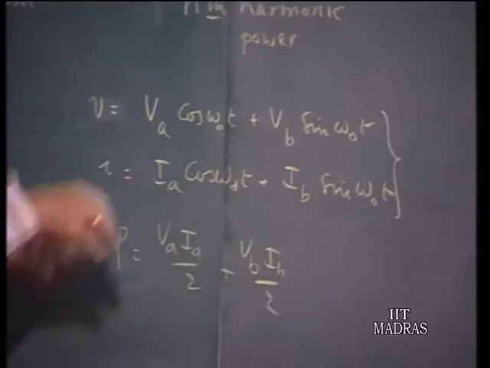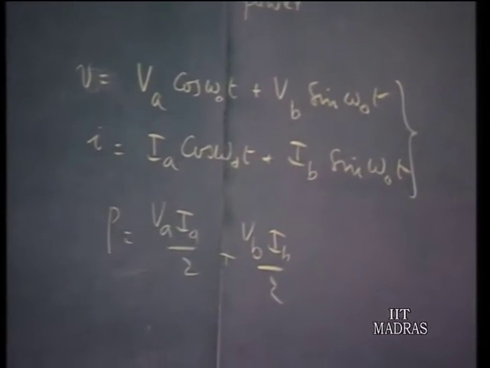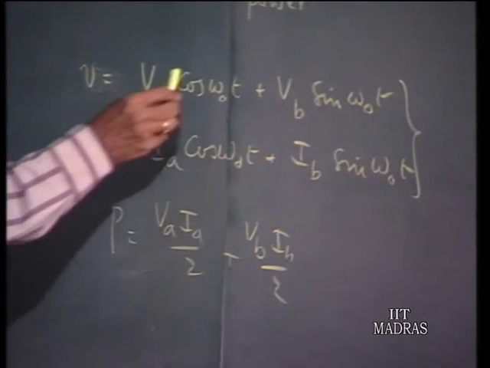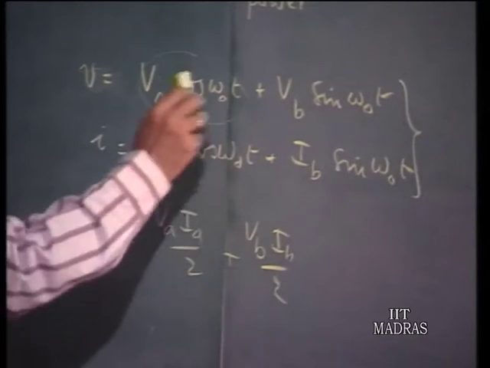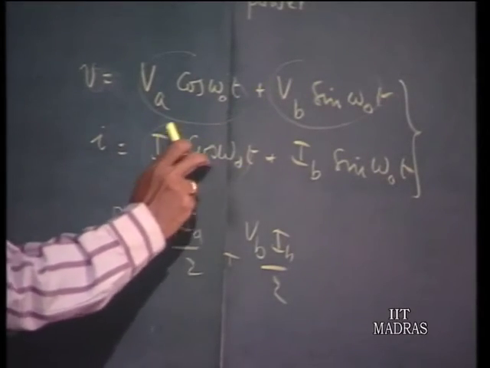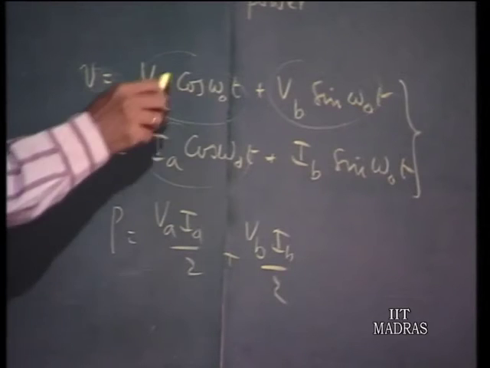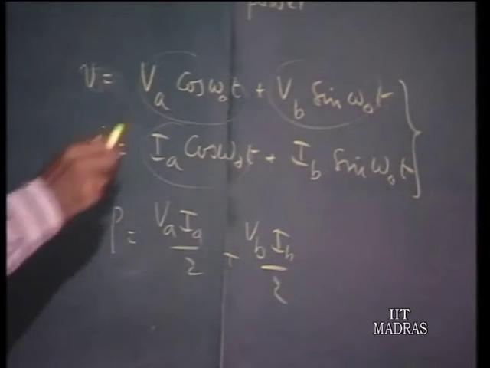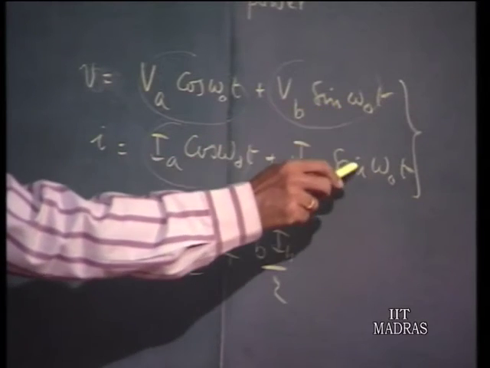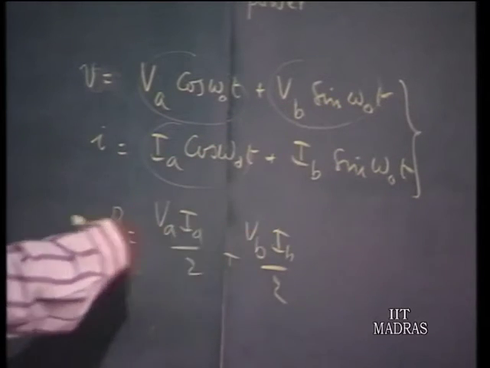Here also the superposition principle will work out. That is because there is a 90 degrees phase difference between this component of the voltage and the other component of the voltage. Here also there is a 90 degrees difference between this current and this current. So the components associated with the cos(omega naught t) terms can be multiplied together, and the components associated with sin(omega naught t) will be multiplied together, and they can be superposed.